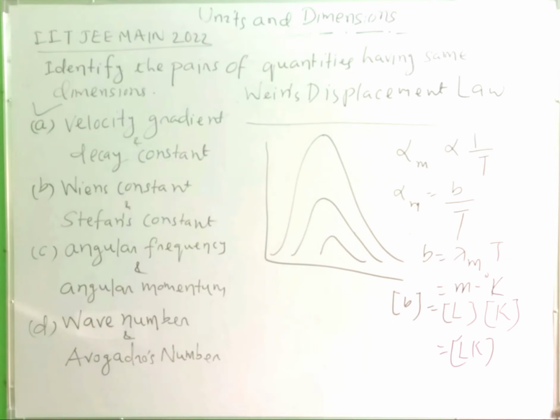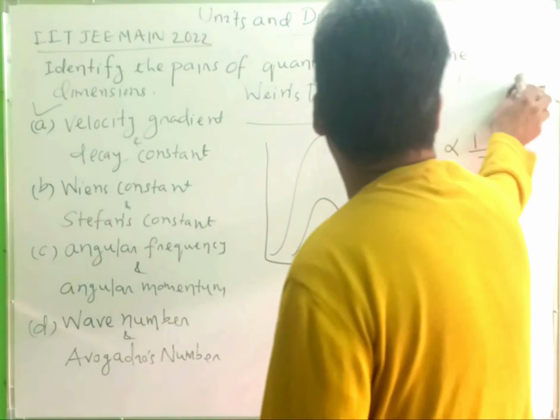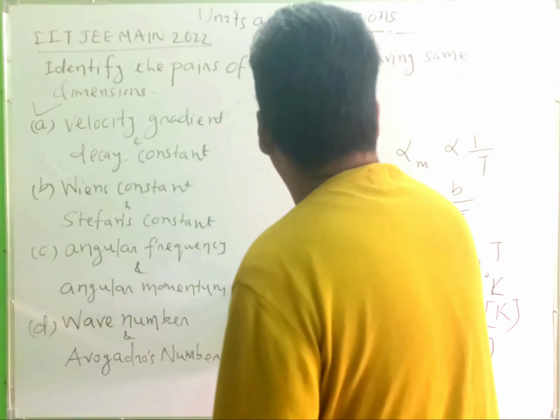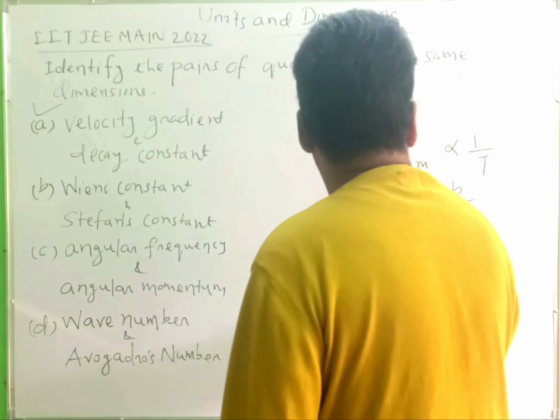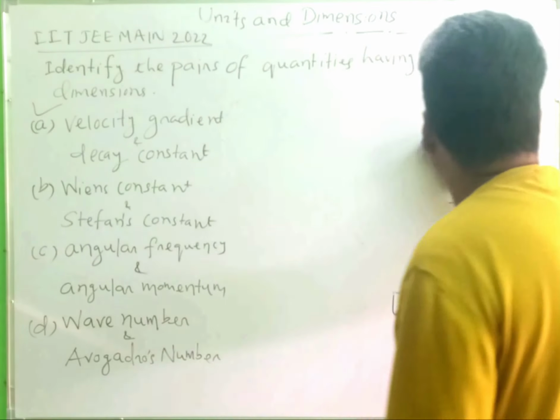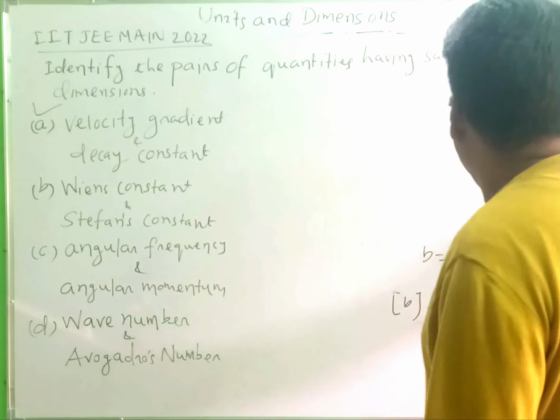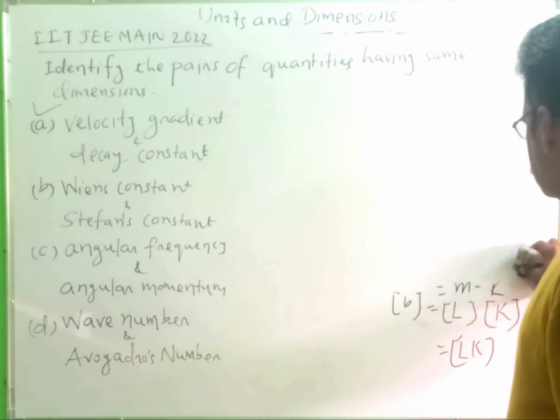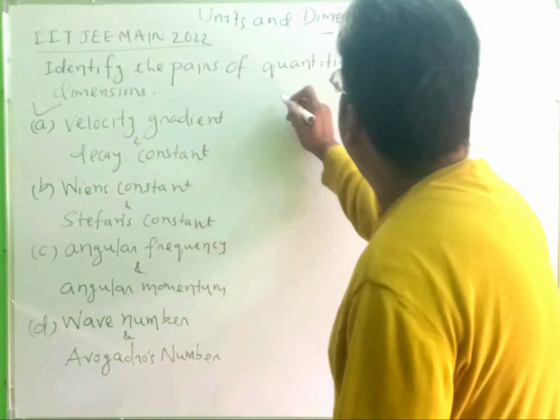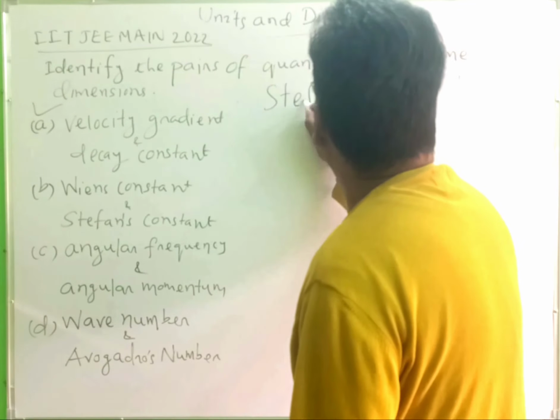And what is Stefan's constant? Stefan's constant can be known from Stefan's law, which is also known as Stefan-Boltzmann law. Okay, student? Then what is Stefan-Boltzmann law or Stefan's law?